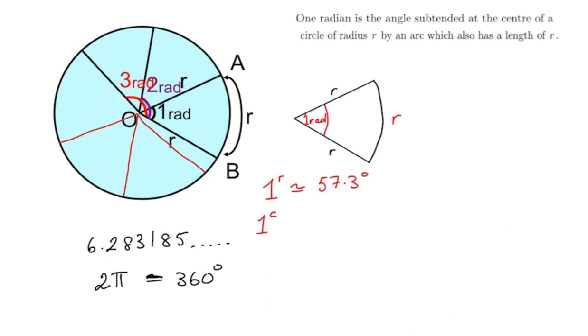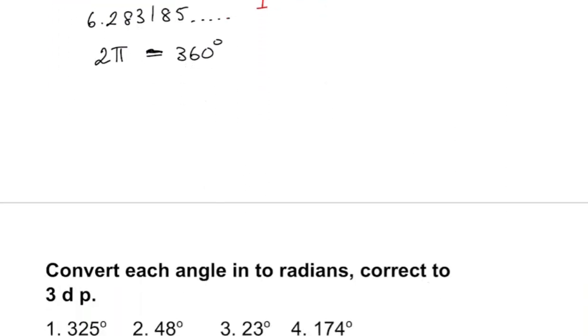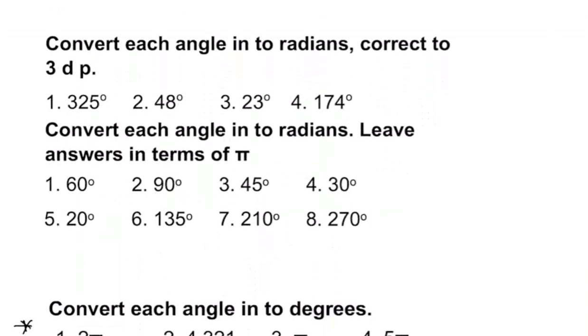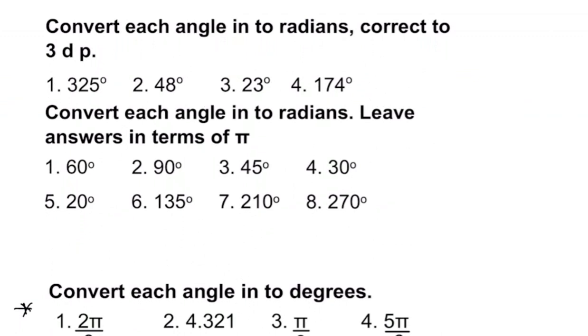Now that means that we can change from radians to degrees and degrees back to radians. So let's have a little look. Convert each of these angles into radians. So to convert degrees to radians, we use the conversion multiply by pi over 180, or 2 pi over 360.